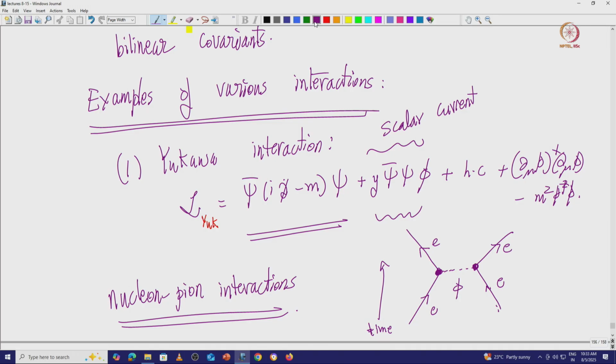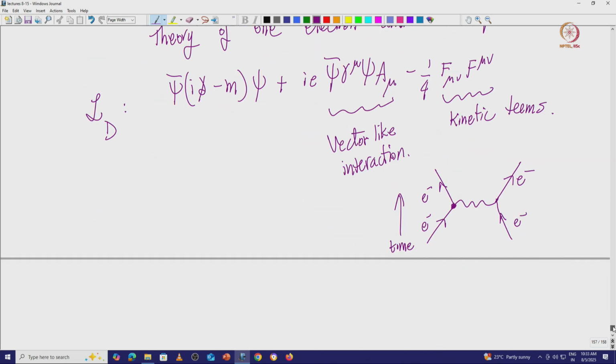Essentially, Yukawa interaction is not really sensitive to the spin of the particle because it's a scalar interaction, but there are other kinds of interactions which can be sensitive to the spin of the particle, like if it's a vector like interaction.